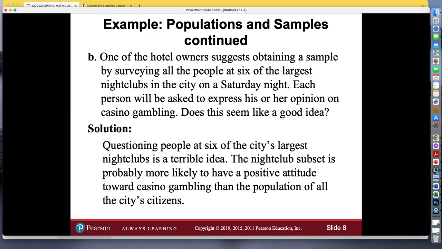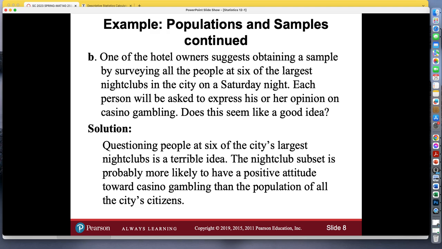So how can we get a good sample? One hotel owner suggests obtaining a sample by surveying all the people at 6 of the largest nightclubs in the city. Each person is asked to express their opinion. So would that be a good idea if you want to find out how people feel about casinos, to go to the nightclubs? Would that be representative of all citizens? Maybe not.